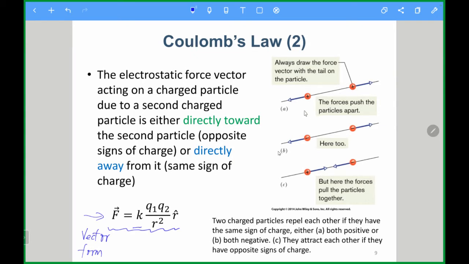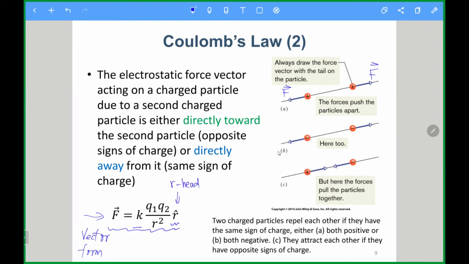So here, this is F. Here we will define the direction and the magnitude of R hat.